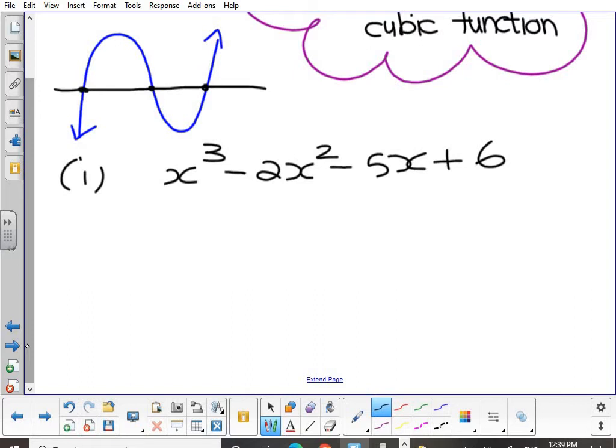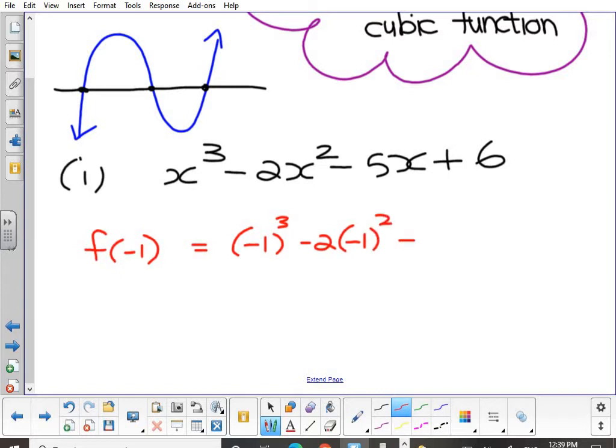To the book. So I actually cheated with the calculator. I'm going to make them think I did not. So we saw that -1 is one of them. So all that I'm going to do is this. I'm going to say f of -1 equals -1 to the power of 3, minus 2 times -1 squared, minus 5 times -1, plus 6.